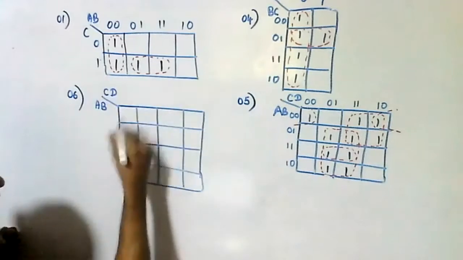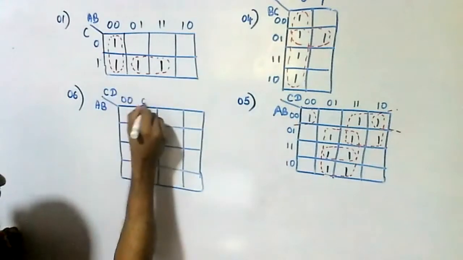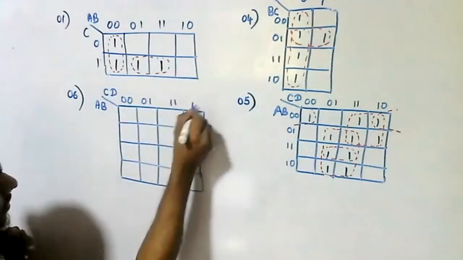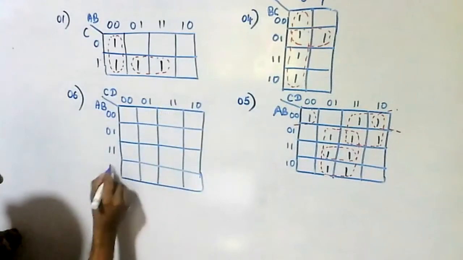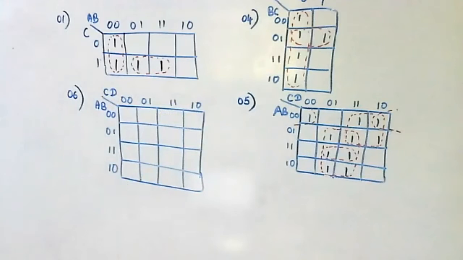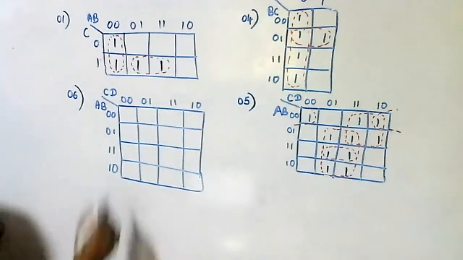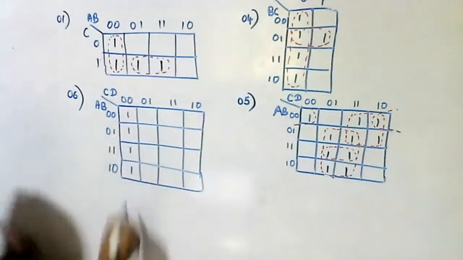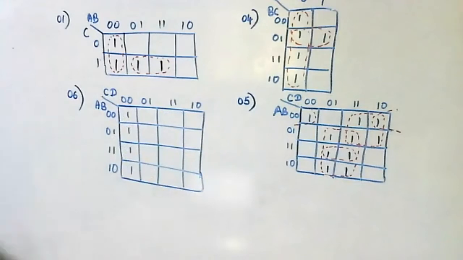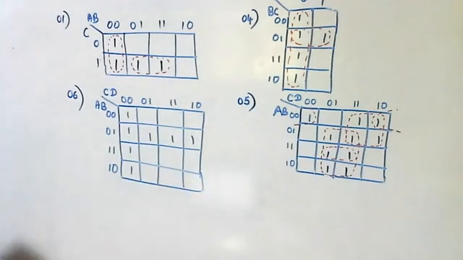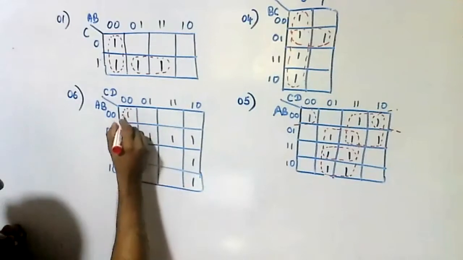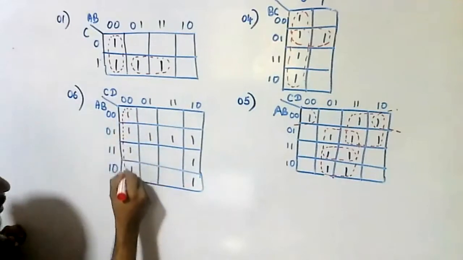So the column headers and row headers are like this: 0, 0, 0, 1, 1, 1, 1, 0, 0, 0, 0, 1, 1, 1, 1, 0. The ones are given like this. You can group like this, students. The maximum number of ones should be included in one group.